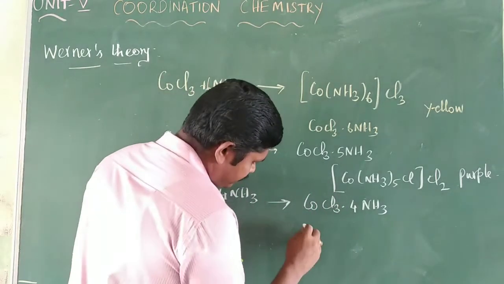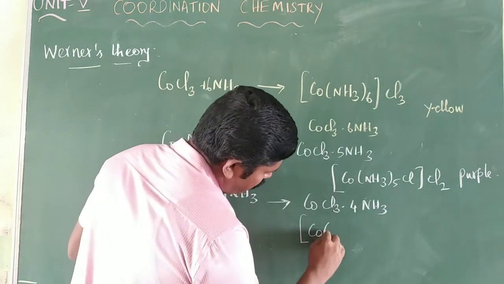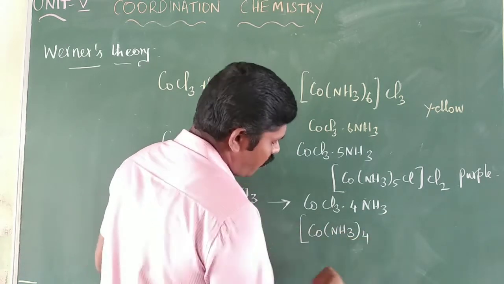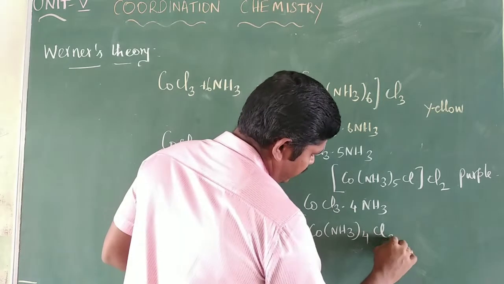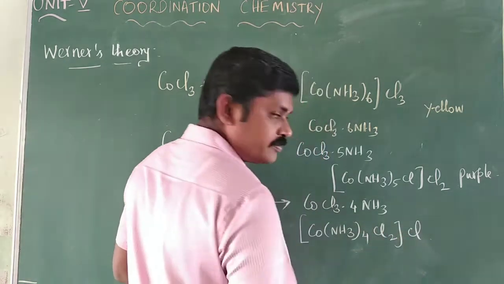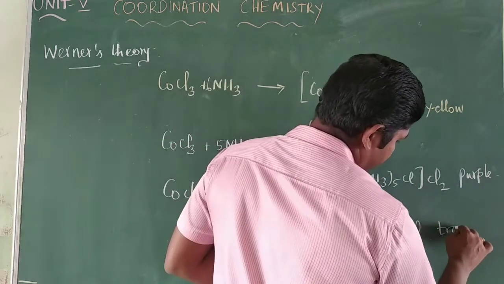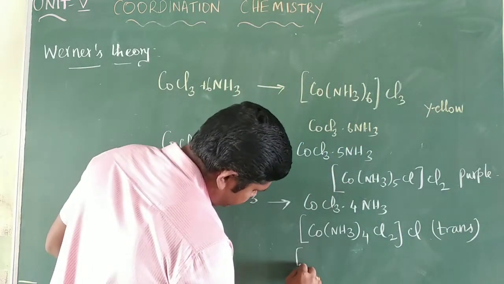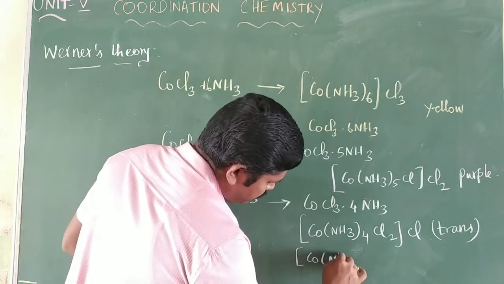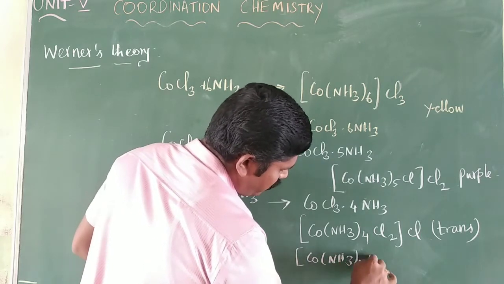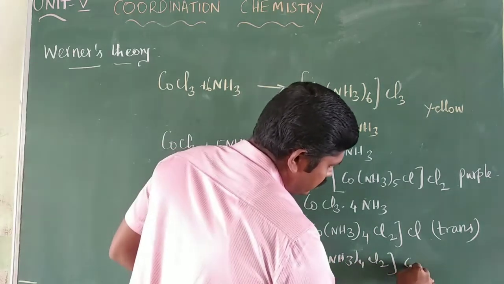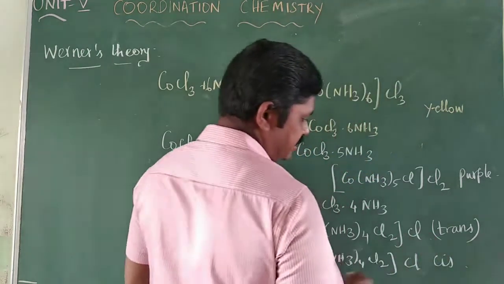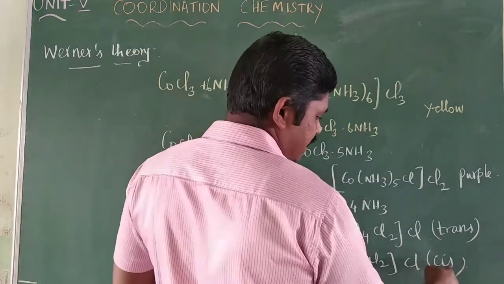One is here, Co(NH3)4Cl2 and Cl, which is called the trans complex. And another one is here, Co(NH3)4Cl2 and Cl, which is called the cis complex. Trans and cis complex.